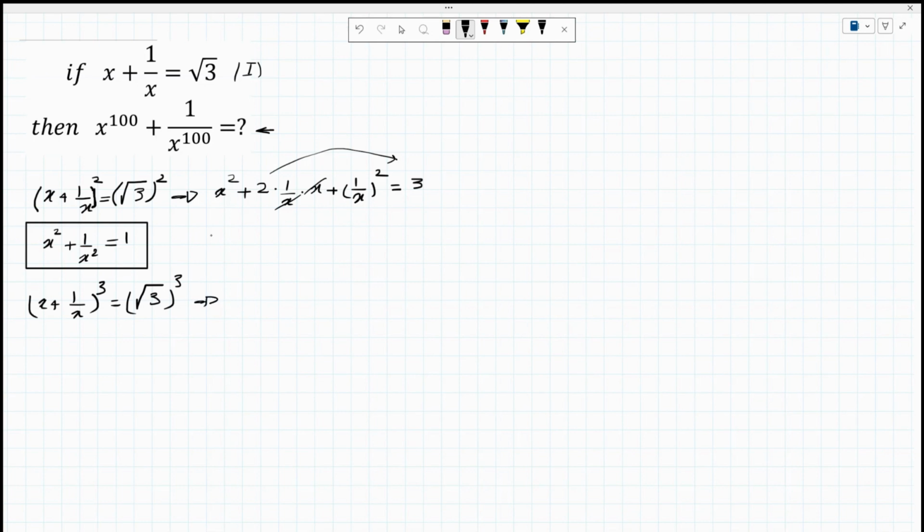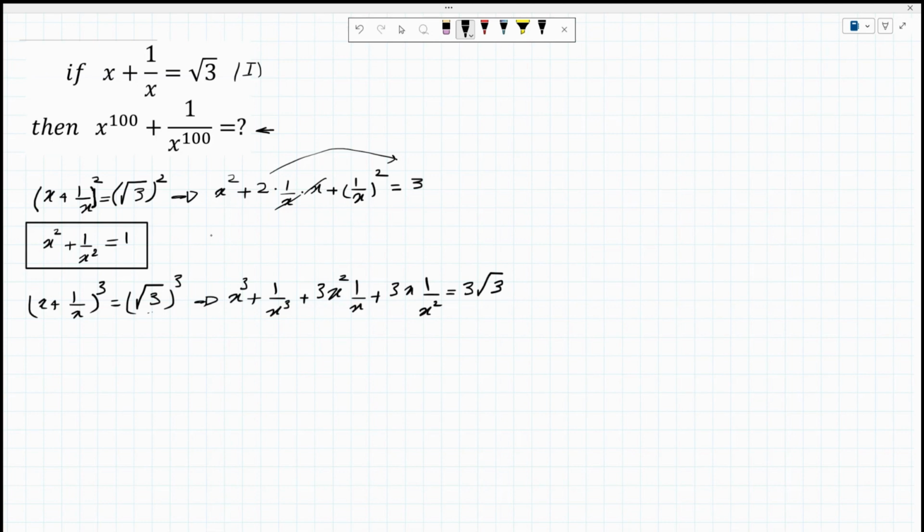So this gives us x3 plus 1 over x3 plus 3x2 times 1 over x plus 3x times 1 over x2 equals 3 square root of 3, since square root of 3 to the power of 3 is equal to 3 square root of 3.